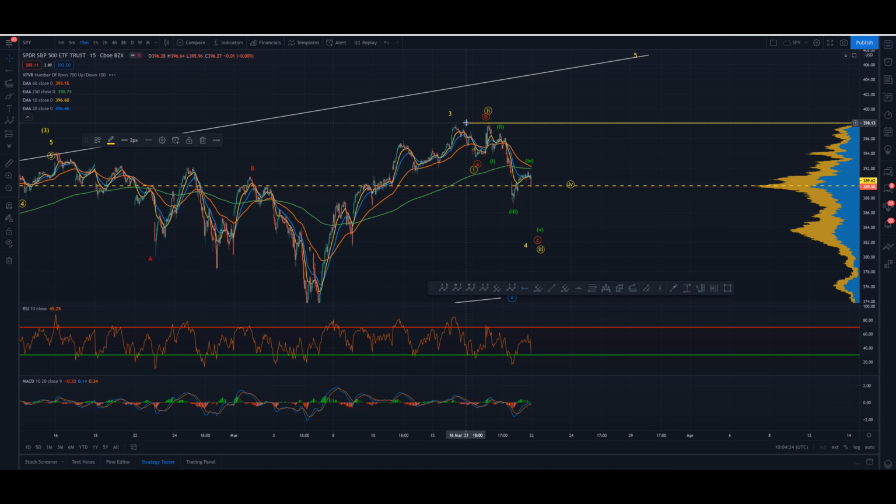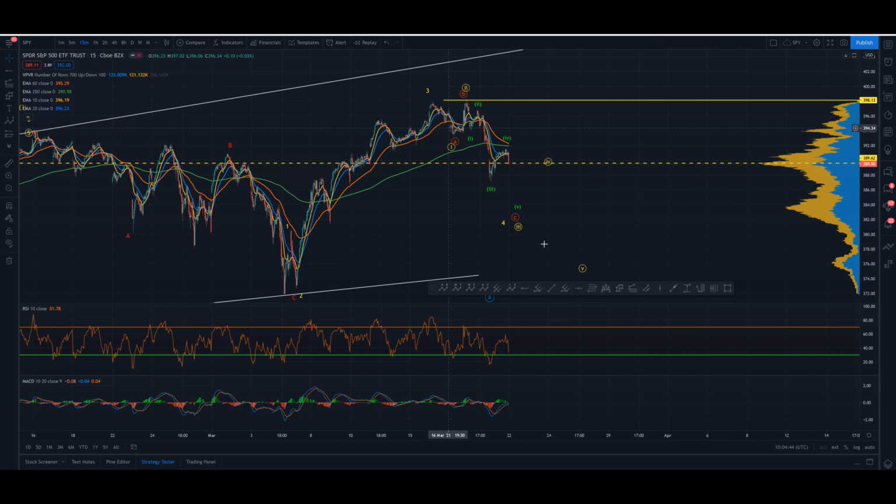If we break back through this high, then obviously we'll see an A, B, C 3-wave move down, and then we'll start to see 5 waves coming out of the bottom here to make that 5th and final move up. If we fail before the high at 398.13 and come back down to take out whatever low we put in here, then the bearish count takes precedence, and we'd be looking for a confirmation of that by breaking the wave 1 high here at 380.62.